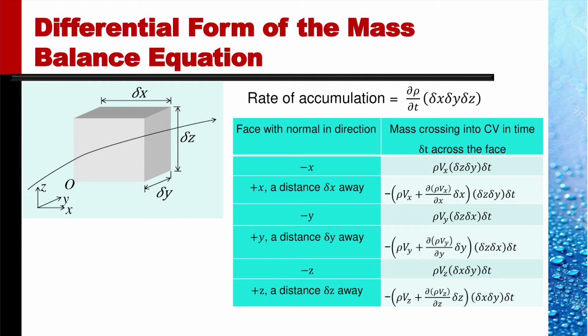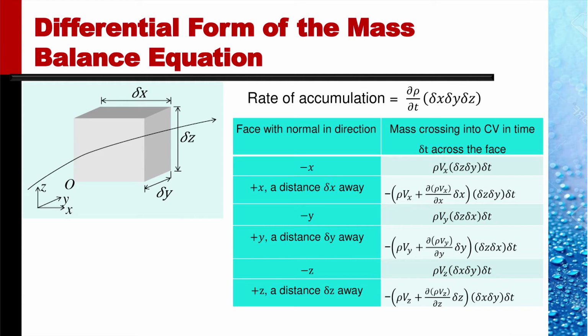And we use the Taylor's expansion to get this expression for the net efflux across this surface in time delta t. Similarly, we write for the surface with normal in the minus y direction, in the plus y direction, in the minus z direction, and in the plus z direction to get these 6 expressions for influx and outflux.